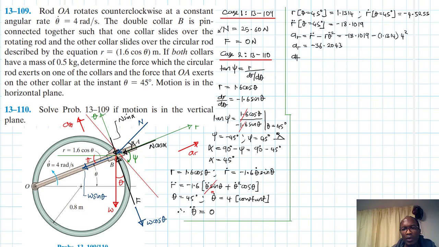which is equal to minus 36.2043. And we have a theta, which is just equal to r theta double dot plus 2 r dot theta dot.